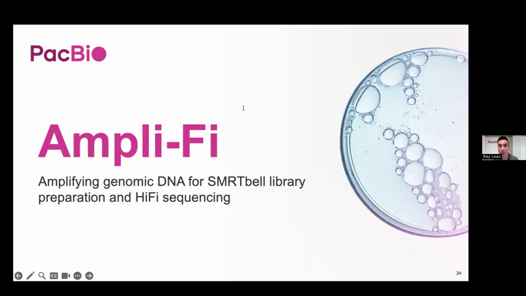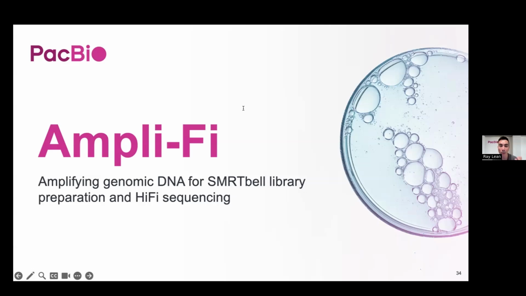For example, when we launched the Revio, we could run 90 GB on one SMRT cell, so we were able to generate a 30x genome at 1,200 USD at that time. After that, we also launched a new chemistry, the Spark chemistry, which increases the throughput of the Revio and further brings the sequencing cost down.